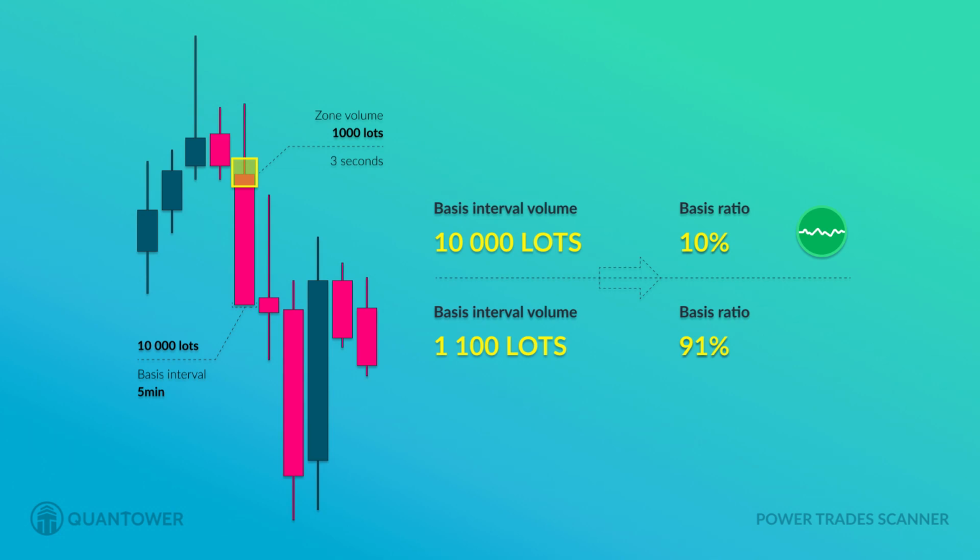And that means the trading is not intensive now, and the influence of the zone can be very significant. Thus the same volume of 1,000 lots in different situations can be both significant and insignificant and affect the DOM differently. This is a very important parameter to understand and to work with because it answers the question: is this an influential zone or not?